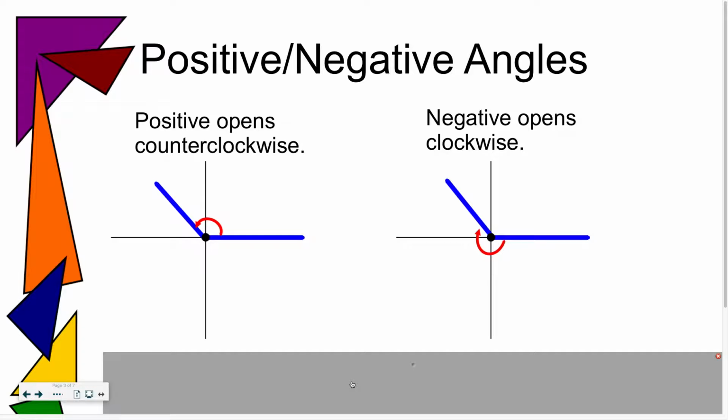And we're going to talk about that a little bit later on in the slides. They're really the same angle if you look at terminal and initial side. But the arc that shows what direction my angle opens says these two angles have different measures.